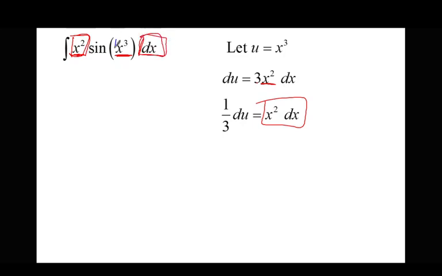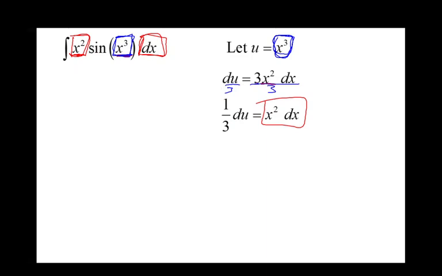And this right here is u. Okay? So what I've done is I've kind of forced my derivative of u by dividing both sides by 3 to match what I have over here in my equation.